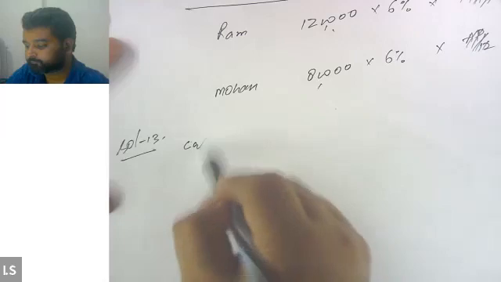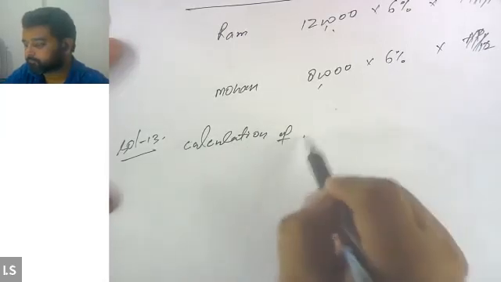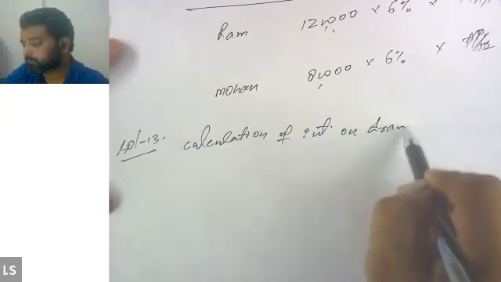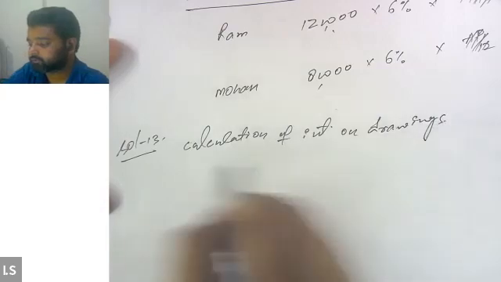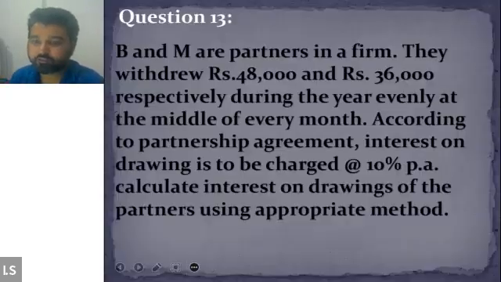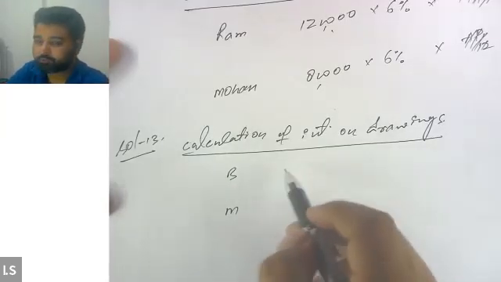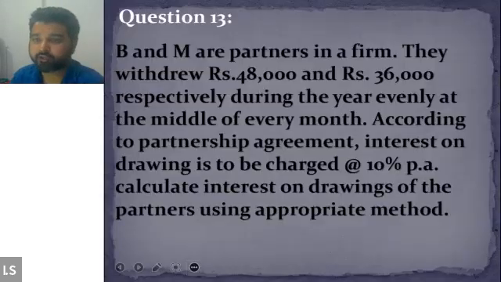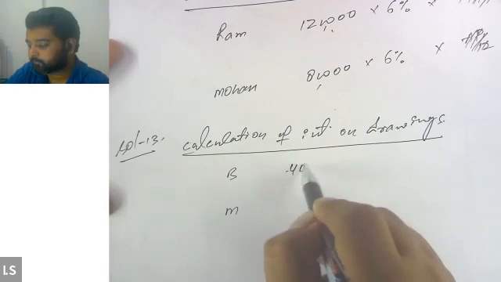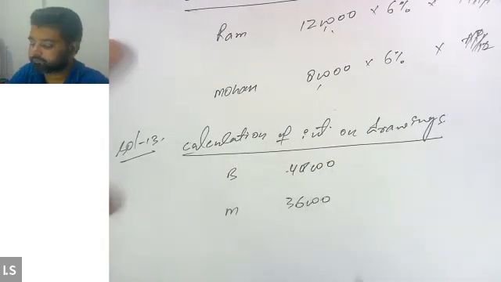Calculation of interest on drawings. There are two partners, B and M. Amount withdrawn by B is 48,000 and by M is 36,000 respectively.